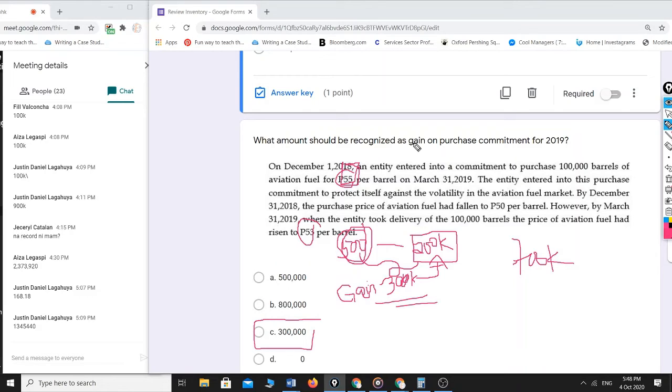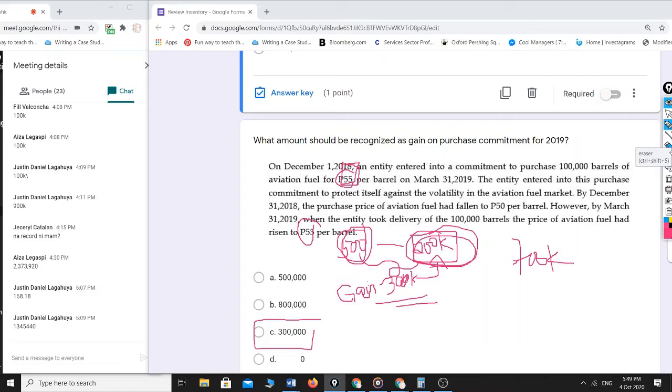Okay? So for example, in this problem, our purchase amount should be 5.3 million. 53 times 100,000, that is our purchase amount. That 200,000, of course, is already the loss.